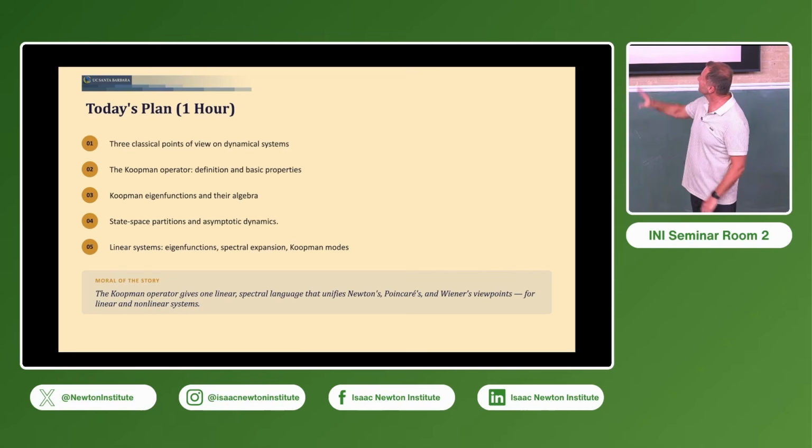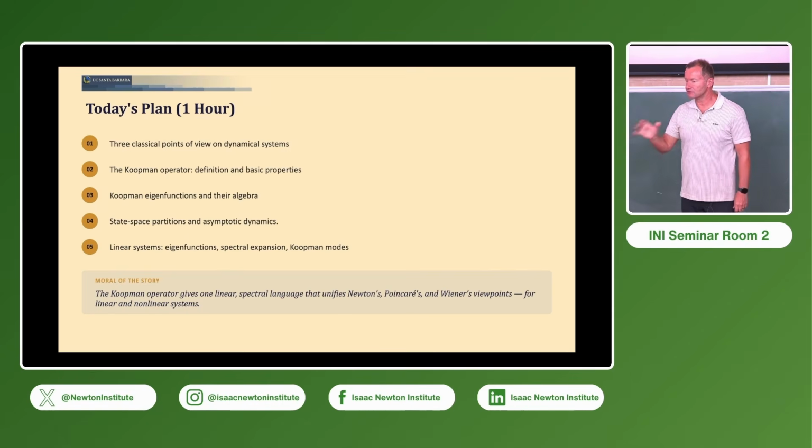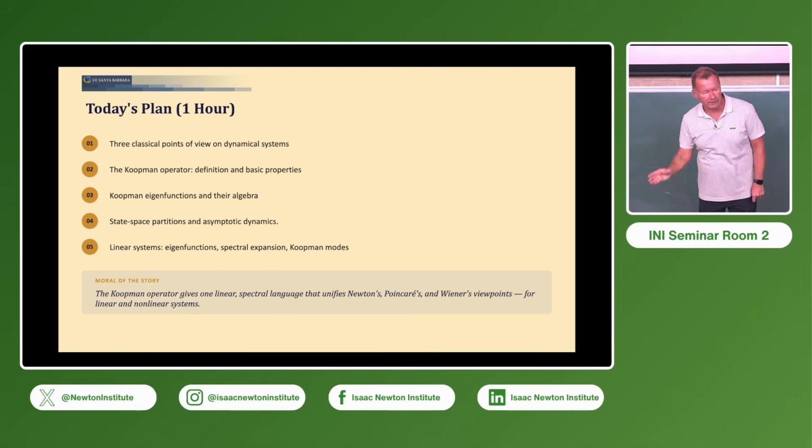We'll define it. We'll talk about the algebra of Koopman eigenfunctions. This is actually quite important because if you go to functional spaces in which you can compute dissipative processes, so these eigenvalues that are not the stationary eigenvalues, but they're describing decay to the attractor, then you need to change the functional space from L2.